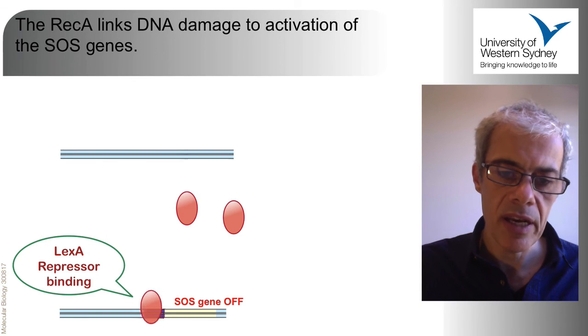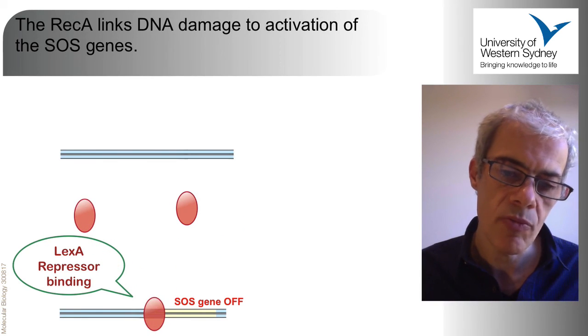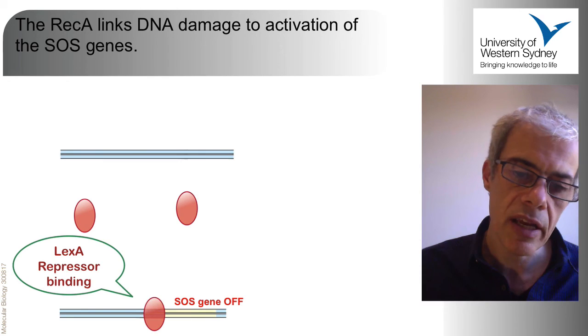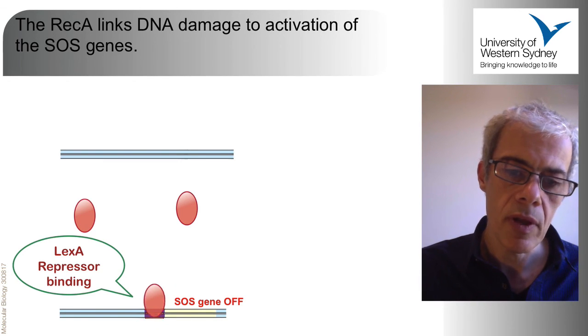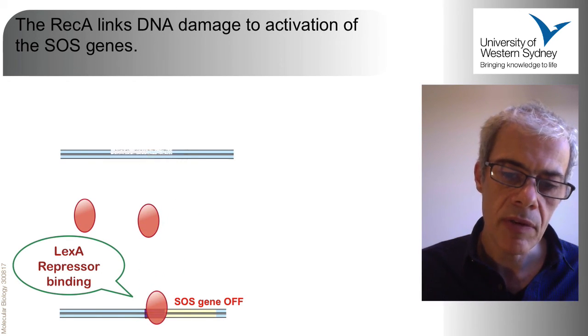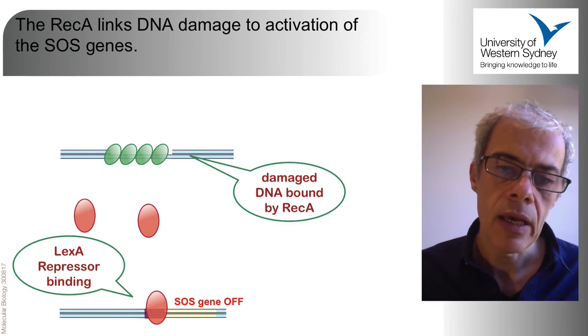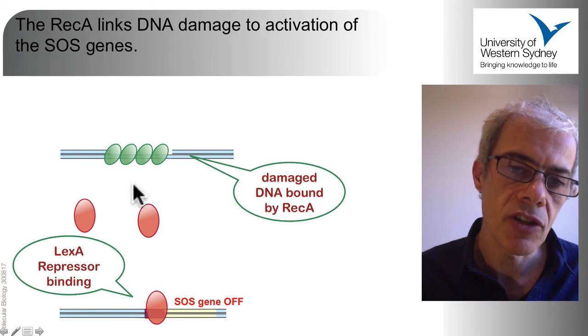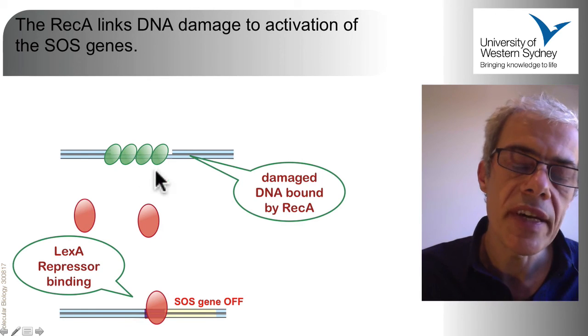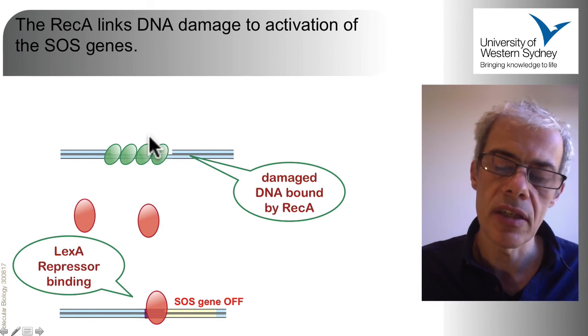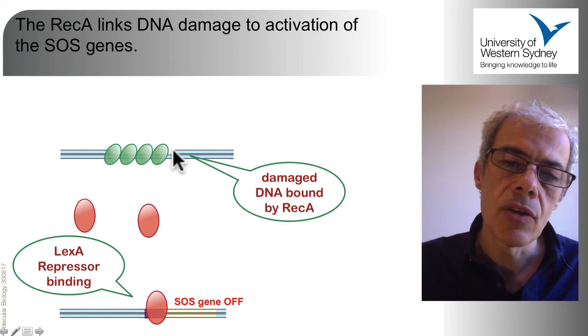I've done a little animation here to show that this repressor protein is cycling on and off from the promoter, but effectively the gene is still off. Now somewhere else in the genome, as shown up here, some UV damage or some chemical carcinogen has happened to damage the DNA.